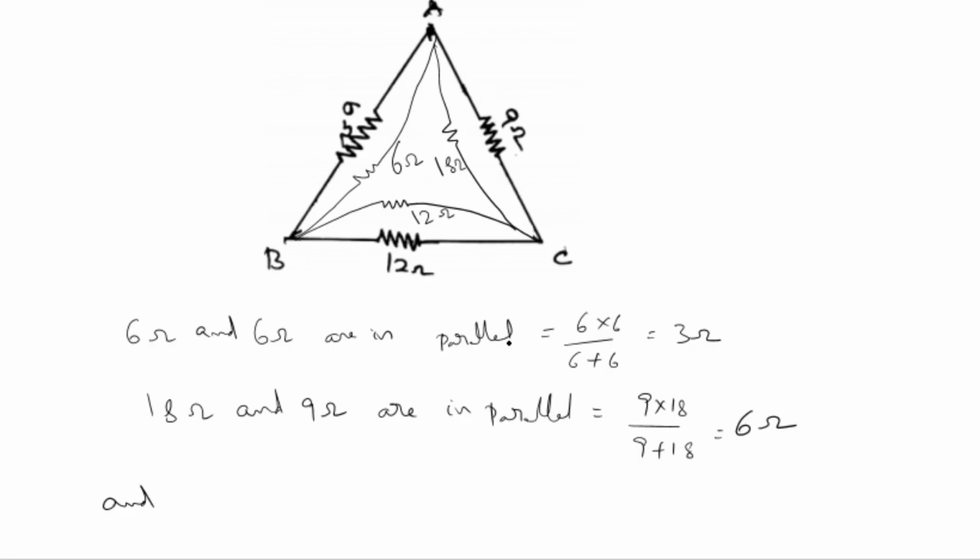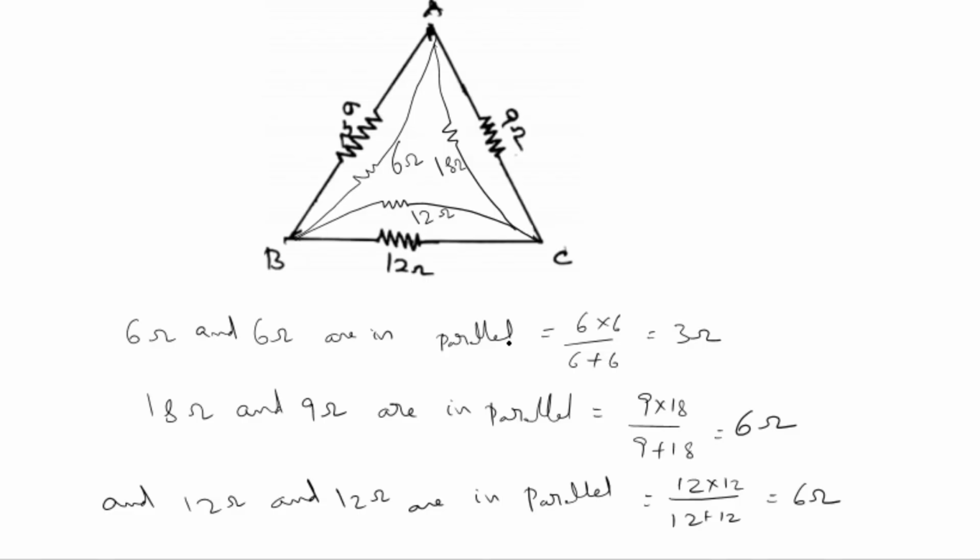And 12 ohm and 12 ohm are in parallel, which is equal to 12 into 12 by 12 plus 12, which is equal to 6 ohms.